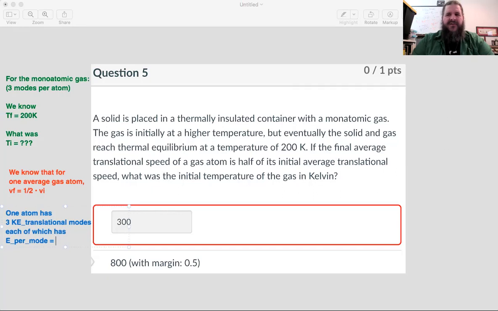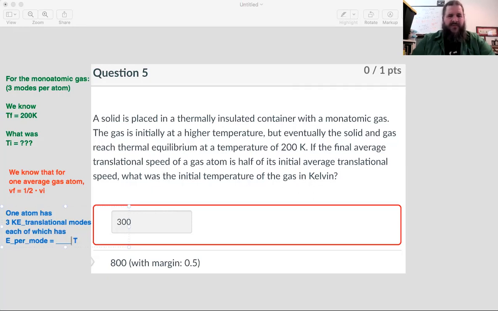Like, what is it about the system that determines how much energy each mode has? Thermal energy? That's the type of energy overall, but what's the indicator for that? Temperature? Yeah, energy per mode is all about temperature.